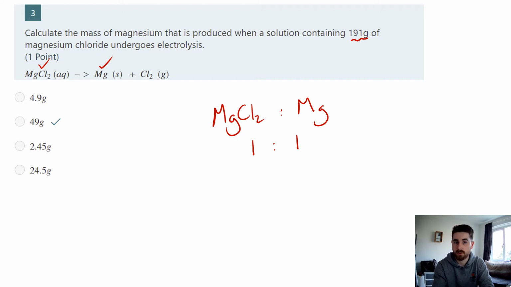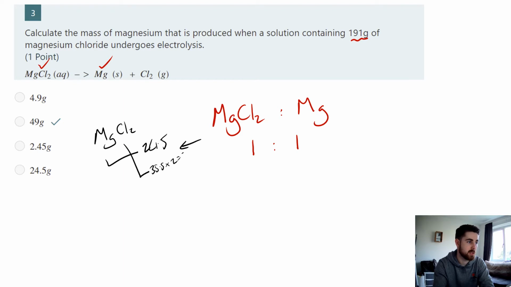So what we want to do first of all is work out what mass 1 mole of each of these substances would have, i.e. work out the gram formula mass. So MgCl2: Mg is 24.5, chlorine is 35.5, multiply that by 2, which is 71.